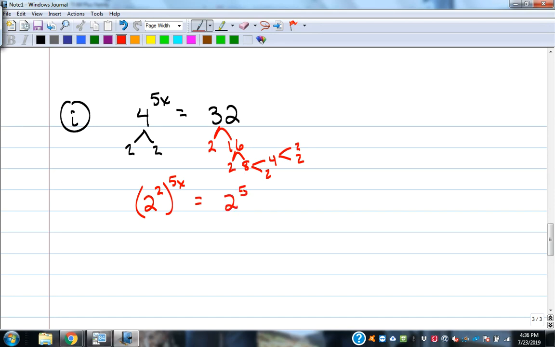And then I set up my equation, and I got to do a little bit of exponent rule work, because the 4 turned into 2 squared, and that was all raised to the 5x. What's the rule that I have to do with those 2 exponents there, the 2 and the 5x?